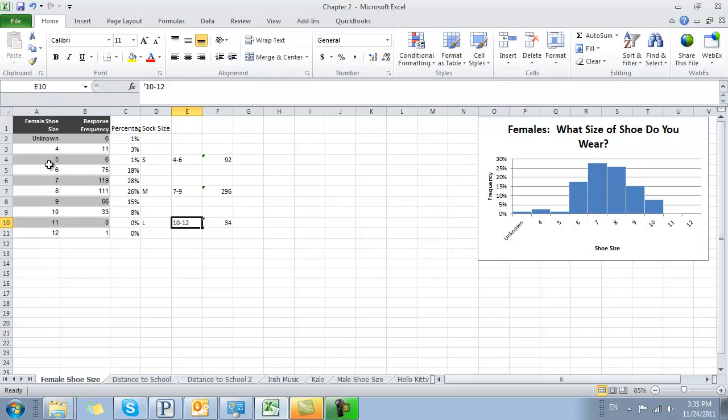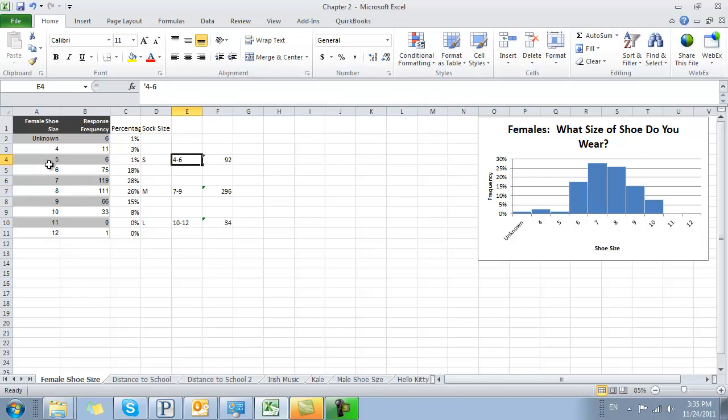The next thing I want you to notice about these intervals is that they don't overlap. This isn't 4 through 7 and 7 through 10. Because if it was, where would the 7 go? Would it go in the medium or the small? Instead, what I have is very distinctly non-overlapping intervals. 4 through 6 does not include sizes 7 through 9. It only includes 4, 5, and 6, and 6.5, probably.